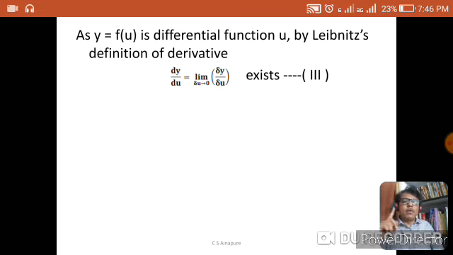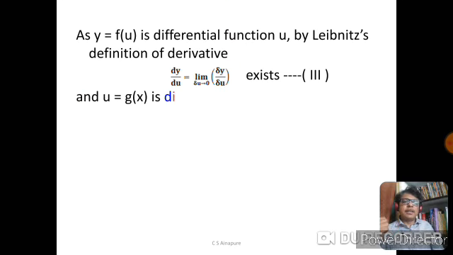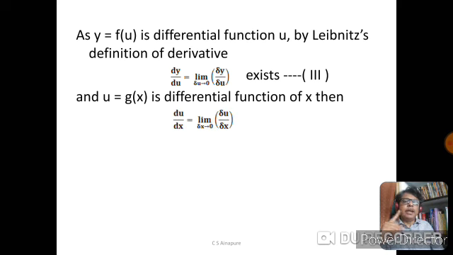Now, we will move to the second given condition. What is that? u is equal to g of x is also a differentiable function of x. Then by Leibniz definition, du by dx exists, and du by dx means limit delta x tends to 0, delta u by delta x.